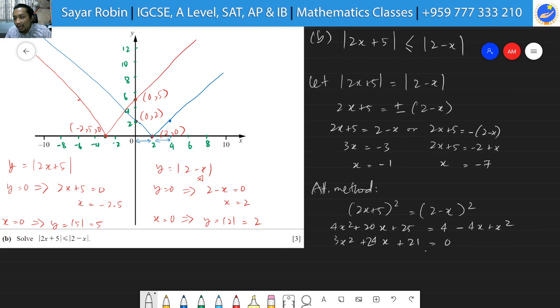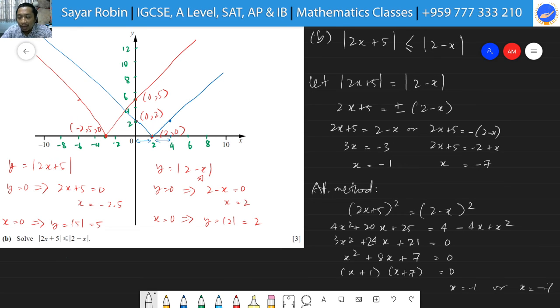After that, we can divide throughout by 3. Therefore, x squared plus 8x plus 7 is equal to 0. By factorization or using a calculator, you can easily find the value of x. x plus 1 times x plus 7 is equal to 0. So x is equal to negative 1 or x is equal to negative 7.